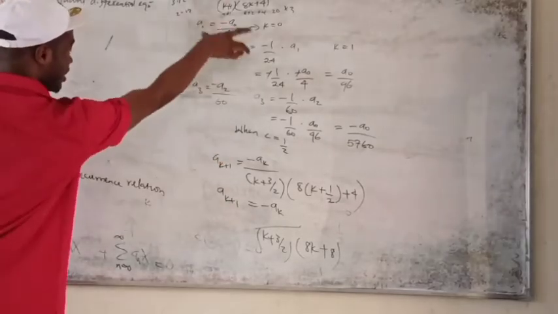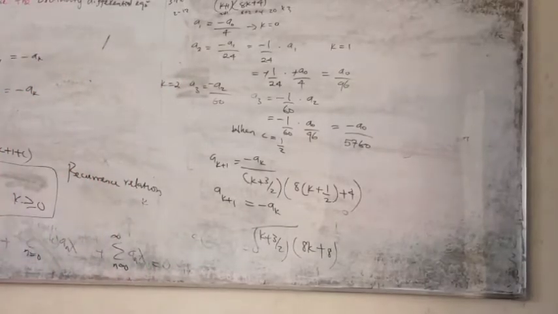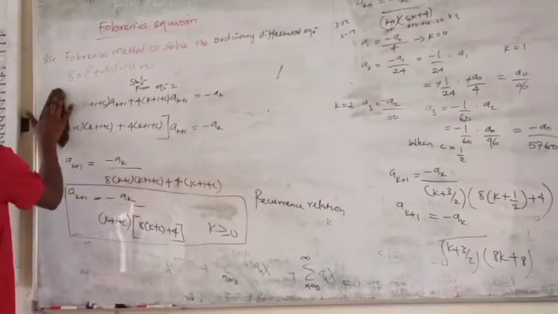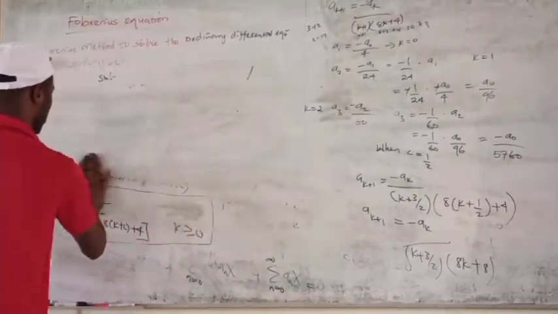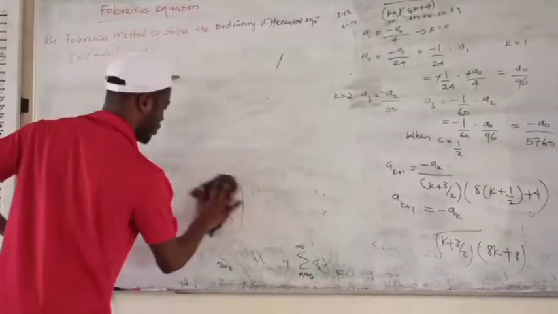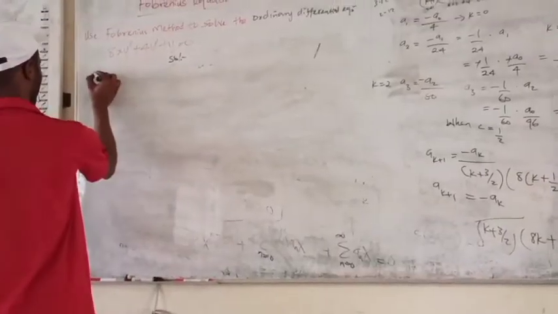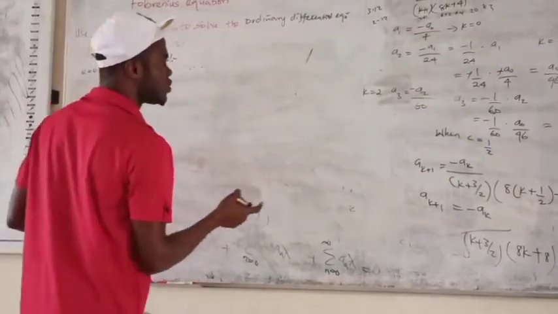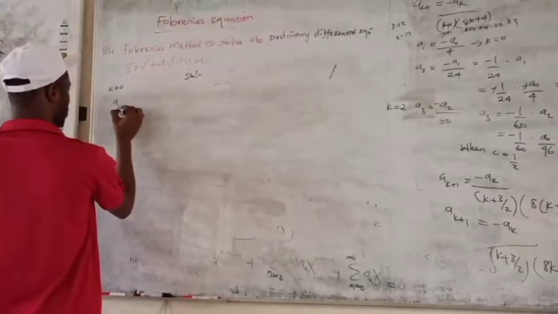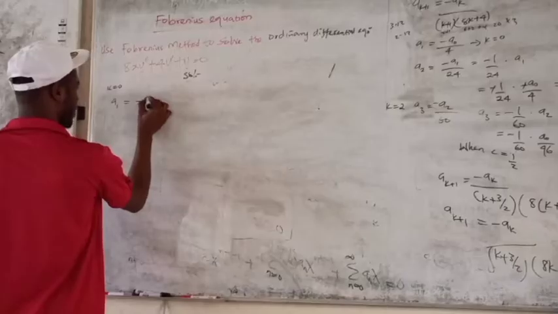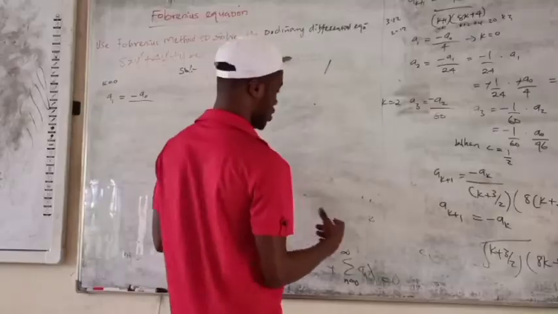So let's create the series solutions for when c is equal to 1 over 2. Creating the solutions, let's say when k is equal to 0. So if k is equal to 0 from here, I have a subscript 1 is equal to negative a0 divided by, I know that my k is equal to 0.